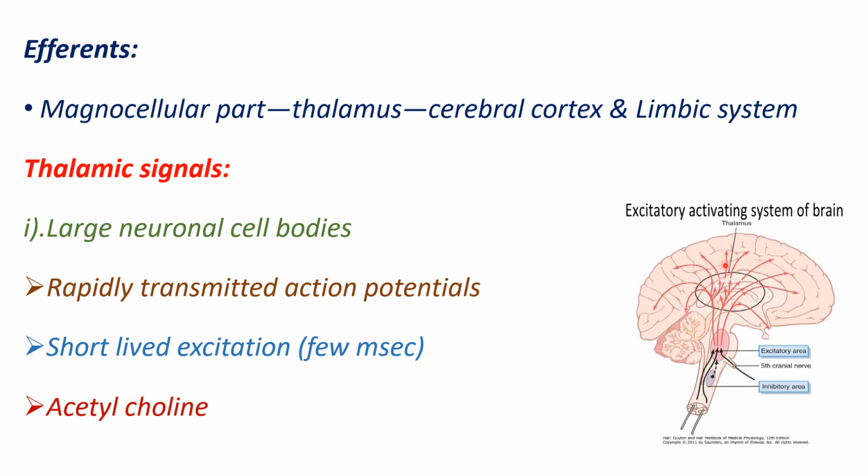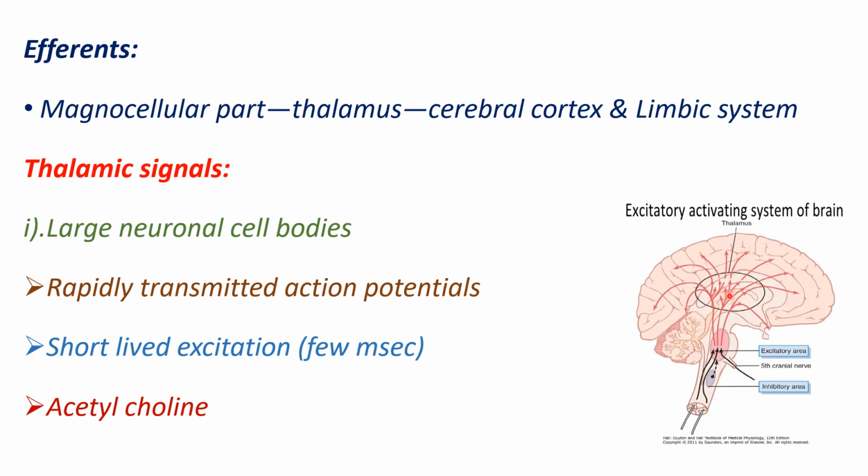Again, the signals ascend to the thalamus, and from the thalamus they go to widespread areas of the cerebral cortex, especially the limbic system. They pass diffusely to the whole of the cerebral cortex. Some pass directly without relaying in the thalamus.